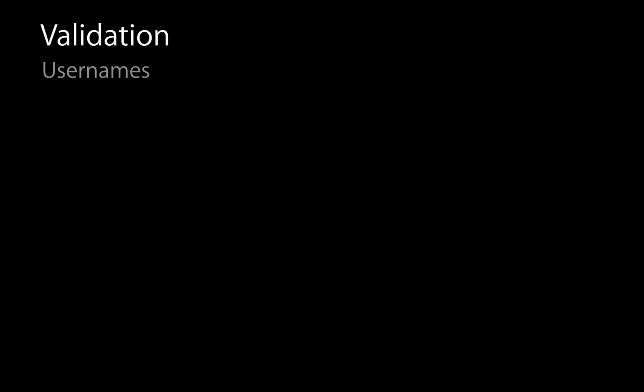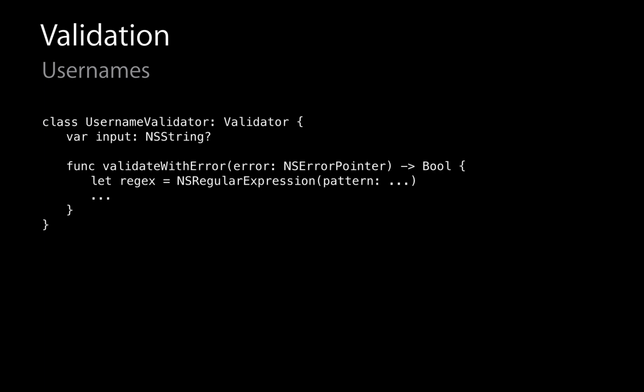So let's look at what a username validator object that implements this validation protocol would look like. Well, we have our input here. It's a string. And this validate with error function is where we're going to have our regular expression code. It's now isolated. It's not intermingled with all of this other code.